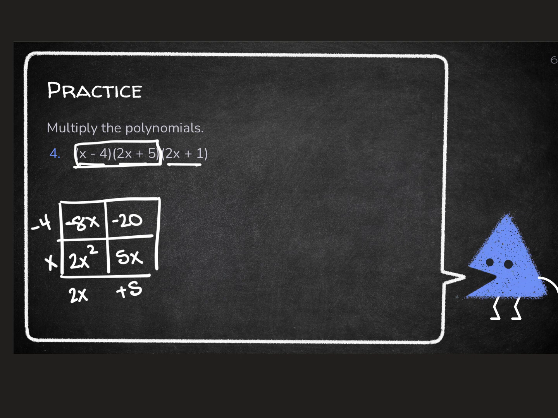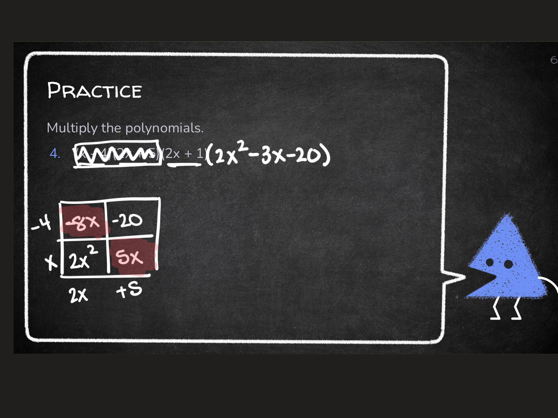Now, I'm going to do a little bit of combining in my head. Hopefully, you're starting to get to that point. So these 2 are done, and my answer I got was 2x squared. If I look at this, I'd be adding together a negative 8x and a positive 5x. Those are the same, so I can put those together, which is going to give me negative 3x and then negative 20.